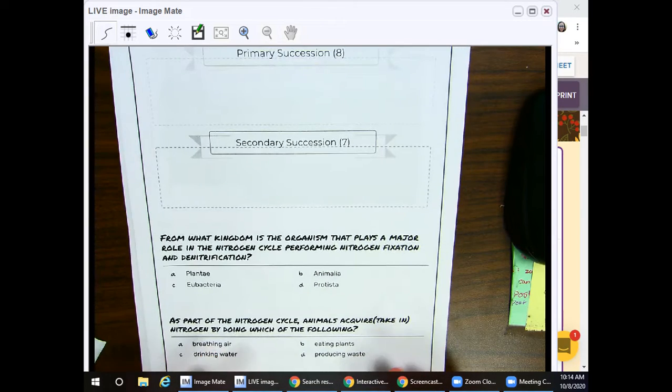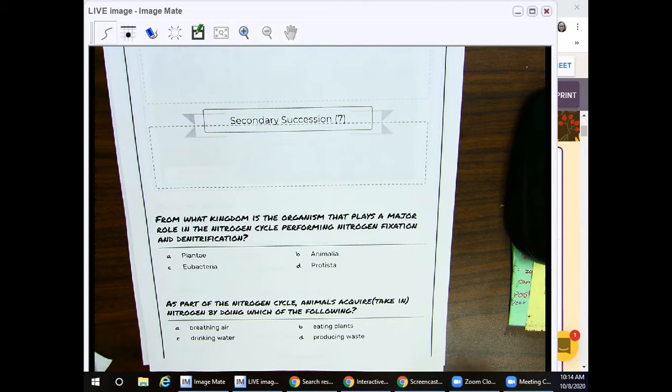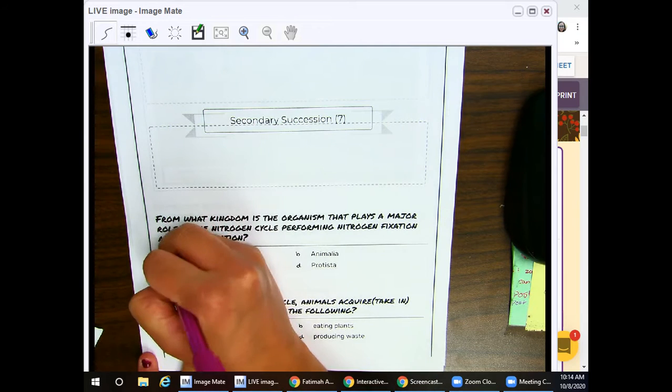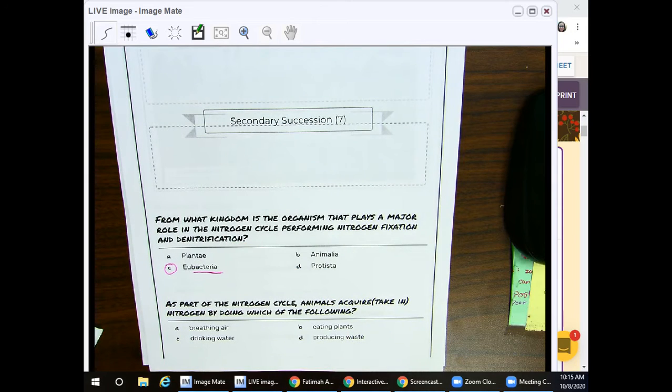All right, from what kingdom is the organism that plays a major role in the nitrogen cycle, performing nitrogen fixation and denitrification? So in the PowerPoint on the slides, I said that it was bacteria. Bacteria is the one that's going to help us turn nitrogen into forms that we can actually use.